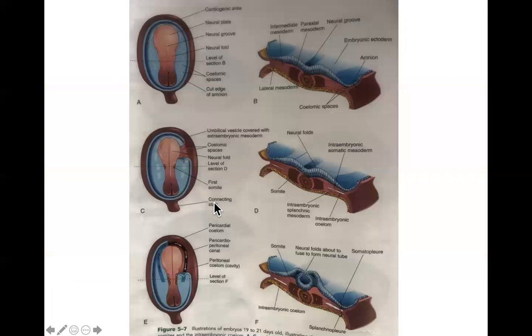And at the same time that the somites and the neural tube are forming, we also start to see these little spaces forming inside the mesoderm. These little spaces are called intraembryonic coelomic spaces. These coelomic spaces are going to get larger, and they're going to, guess what, coalesce together, and form one big space called the intraembryonic coelom.